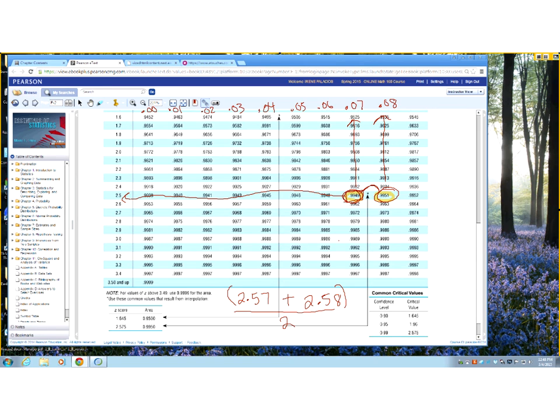So when you do that, tell me what z-score you get. All right, so you all see how we get the 2.575.